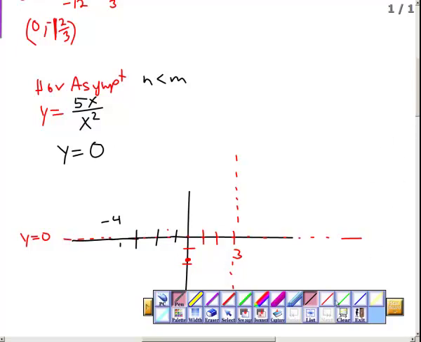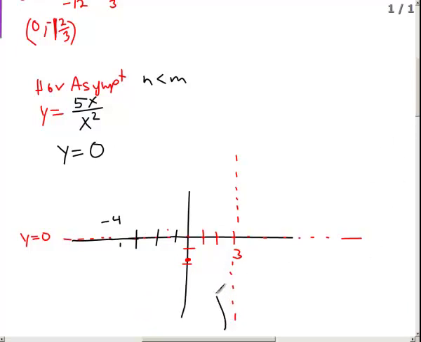So our graph is going to come up and go through the y-intercept. Here at negative 4, you get your hole, and it gets closer and closer to that horizontal asymptote but never gets to it. Questions with that? We want to put arrows on both ends.